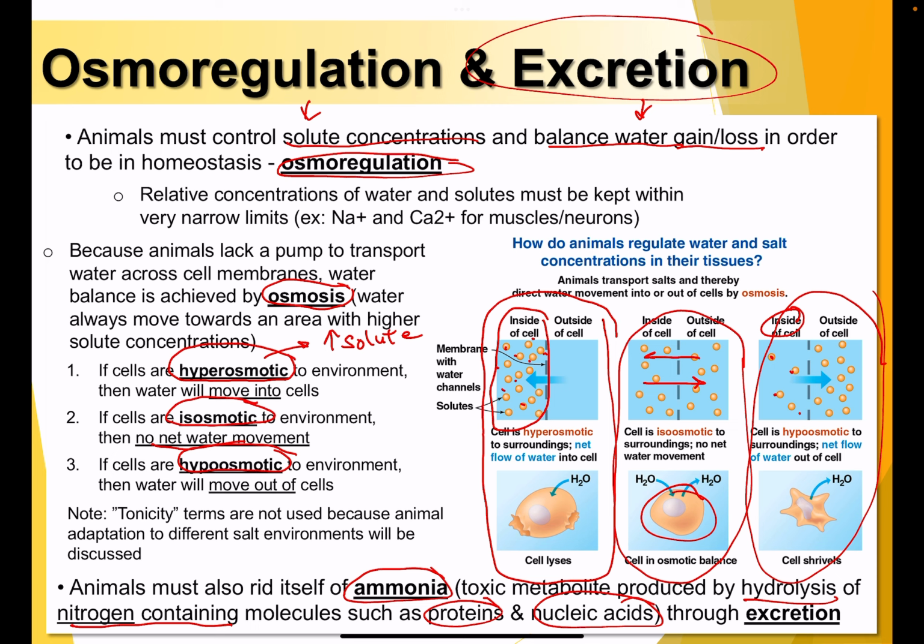So all animals' bodies have to get rid of this toxic metabolite, and we call that excretion. Something exiting out of your body, and you're getting rid of it. We'll talk about how animals get rid of this molecule, and sometimes there are even conversions of changing this ammonia to something less toxic in the body for other animals.